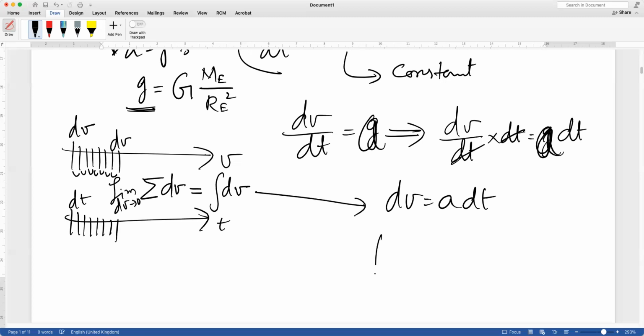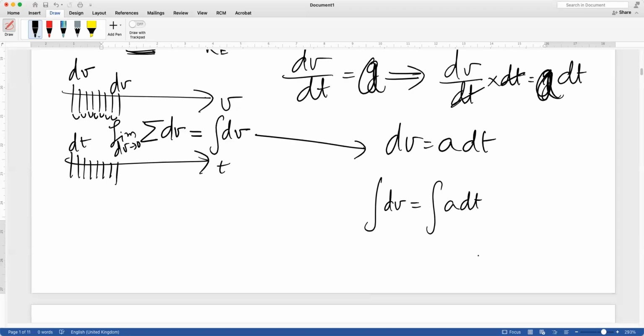So integrating this side, dv is going to be the integral of a dt on the other side. Now let's put the initial condition into our thought process. On this side we are integrating over the time variable, which means t starts at 0 seconds. Is that okay? Yes, uncle.